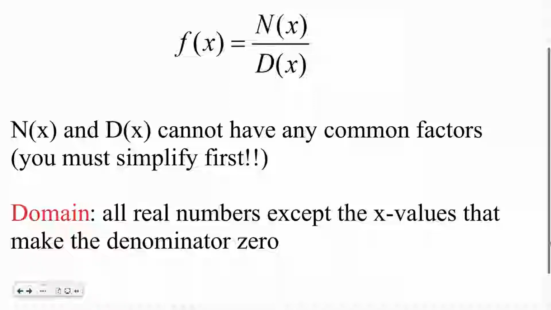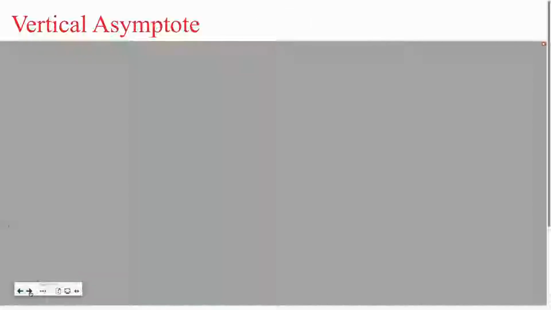Okay. So let's talk about our asymptote rules. First of all, our vertical asymptote. And this is something we've kind of mentioned before, but how do we identify a vertical asymptote? Where do we need to look in our equation? Do we need to look at the numerator or do we need to look at the denominator?